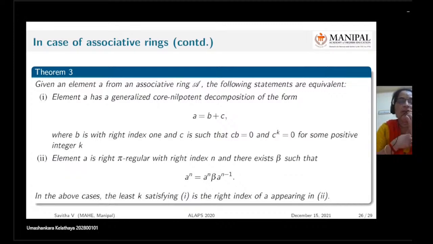Second, the element a is right biregular with right index n, and there exists beta such that a^n equals a^n beta a^(n-1). In the above cases, the least integer k satisfying 1 is the right index of a appearing in 2.